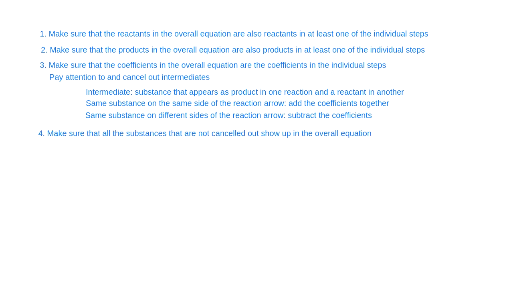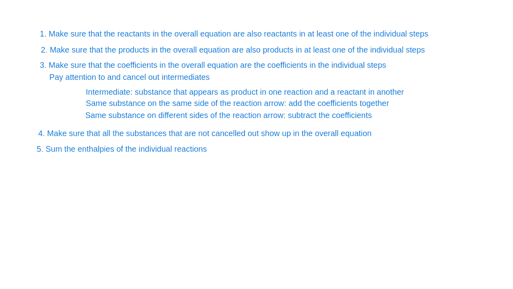Once you've done all of these steps, your last piece of information is to sum the enthalpies of the individual reactions. I know this looks scary. It looks like a lot of steps. It's going to make more sense once we actually do some practice problems.